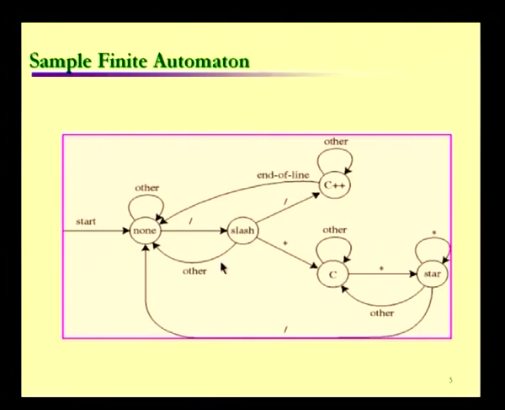This is a deterministic finite automaton, because a slash has only one outcome which reaches a state, and if you find another slash, we will go for C++, and if it is a slash followed by an asterisk, we will go for C. Only if you find a star, we will jump from this state to another state called star, where once again it is possible to have multiple stars, or if anything other than star is there, we will come back here.